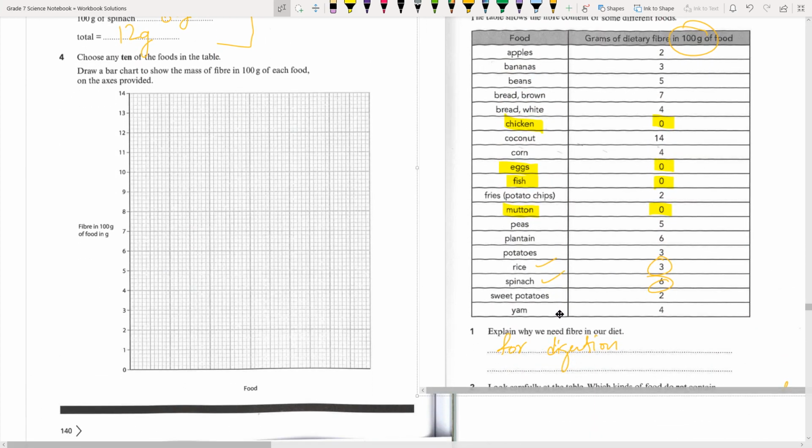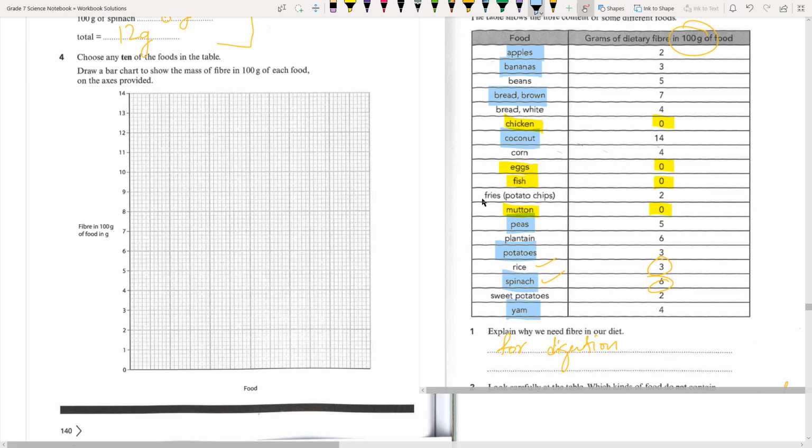So I'm just going to select a few of them, right? Let's say I'm going to select bananas, red beans, coconut, peas, potatoes, yam, and spinach, right? We need 10. So, or apples. 1, 2, 3, 4, 5, 6, 7, 8.